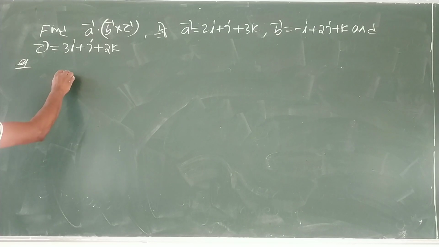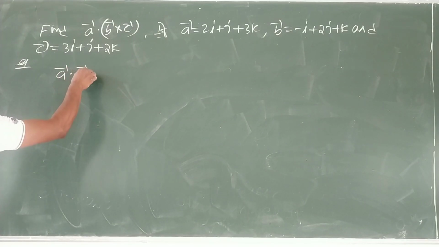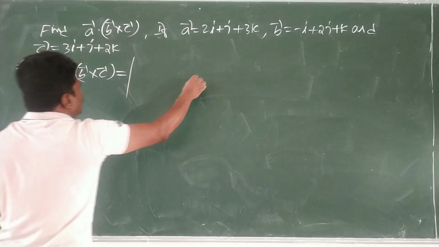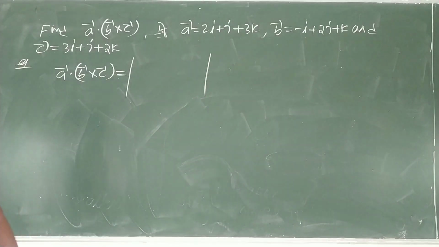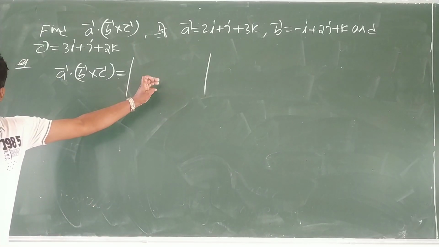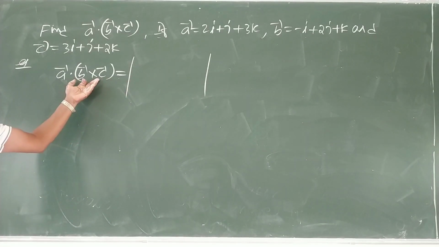Solution. A dot B cross C. Box product means finding the determinant value. Write the components of vector A. Don't use ijk in the determinant. Why should we not use ijk? Because it is a box product, a scalar product.